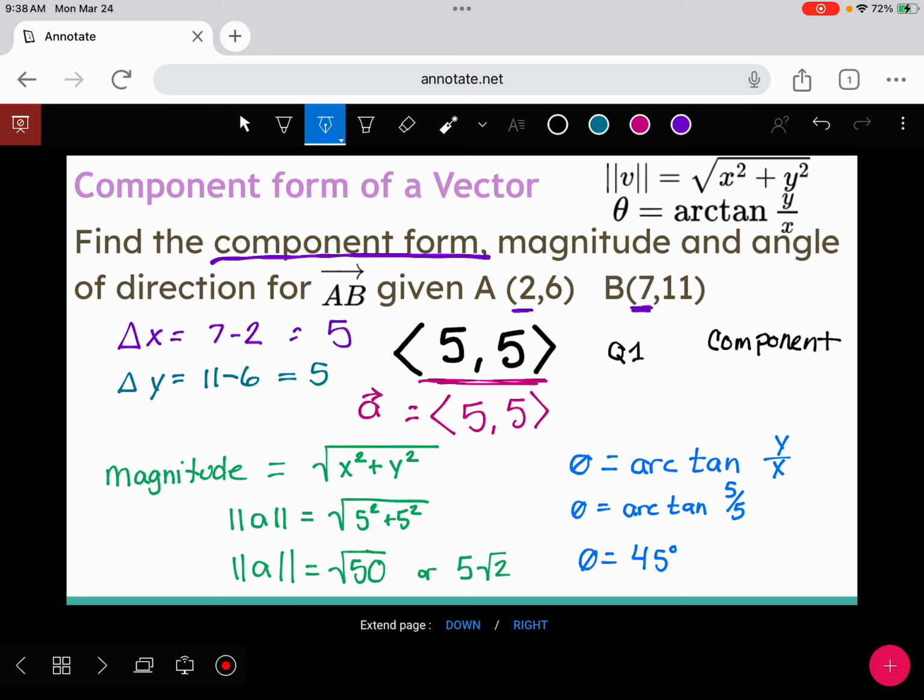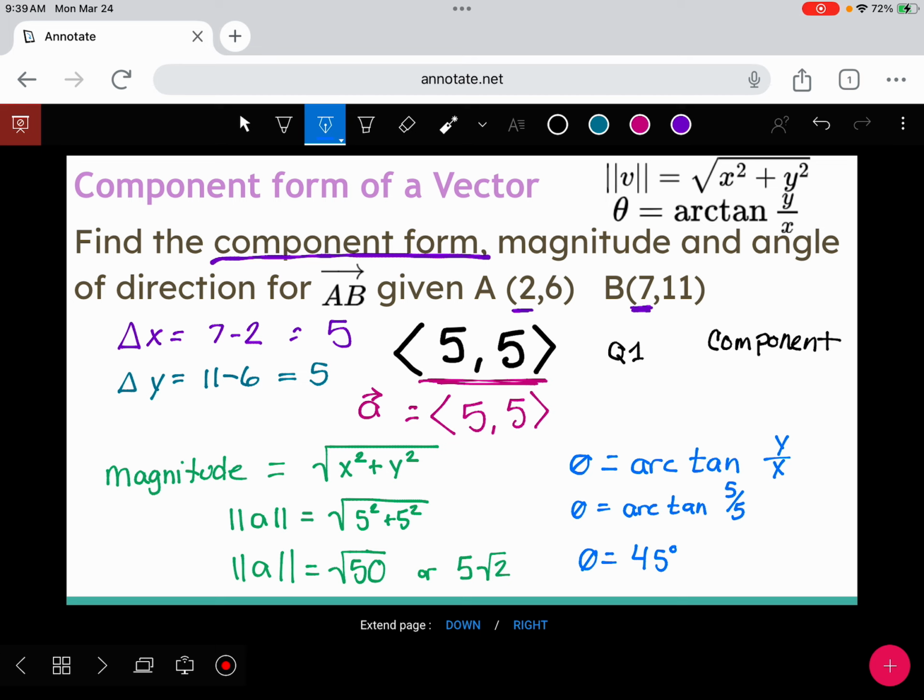All right, so if we have this and we graphed it, our values that they gave us, so we had starting at the point 2, 6, and terminal side at 7, 11. 7, 11 is up here somewhere. So this is what the vector that we were given originally looks like.